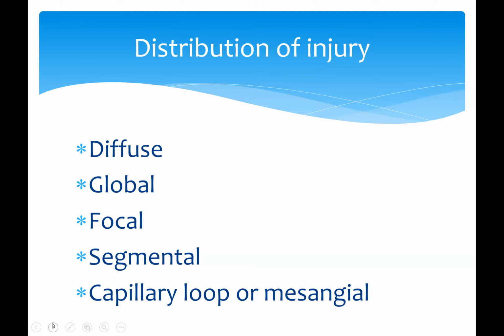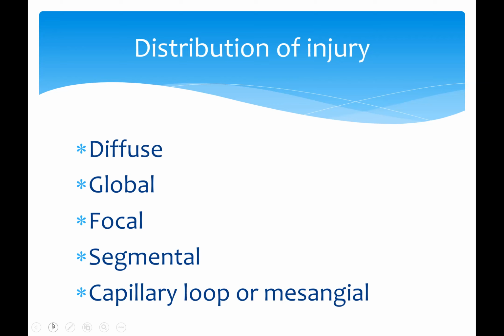There are terms that you should be familiar with. For example, does it involve all the glomeruli in the renal biopsy? If so, then that is what you call diffuse. Does it involve the entirety of individual glomeruli? Then that is what you call global.